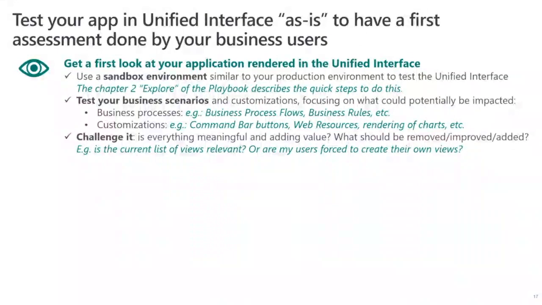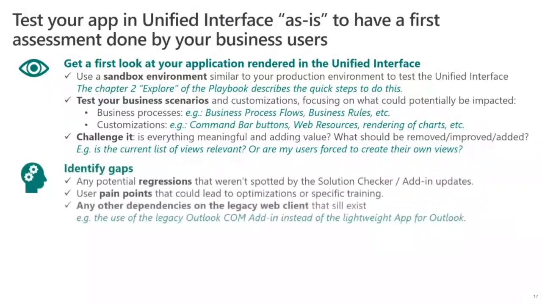That's a good way to really think about, from your user perspective, is it optimal? That way you can identify gaps. So any potential gaps and regressions that weren't spotted by the solution checker or the add-in and ISV updates. Identify user pain points that could lead to optimizations or to specific training. And also spot any other dependencies on the legacy web client that may still exist.